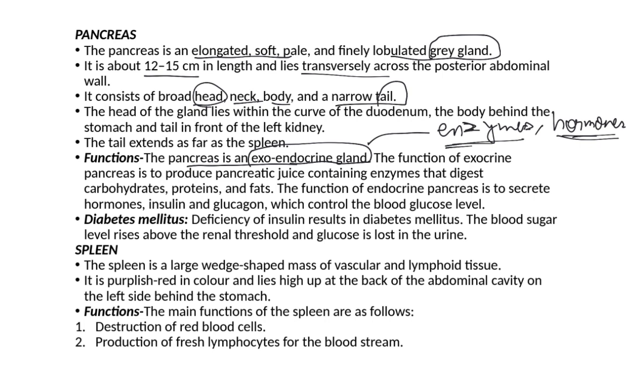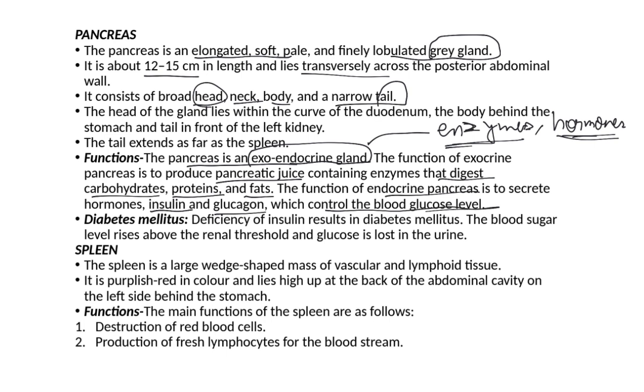So pancreas is an exoendocrine gland. The function of exocrine pancreas is to produce pancreatic juice containing enzymes that digest carbs, proteins and fats. Function of endocrine pancreas is to secrete hormones such as insulin and glucagon, which control the blood glucose level.